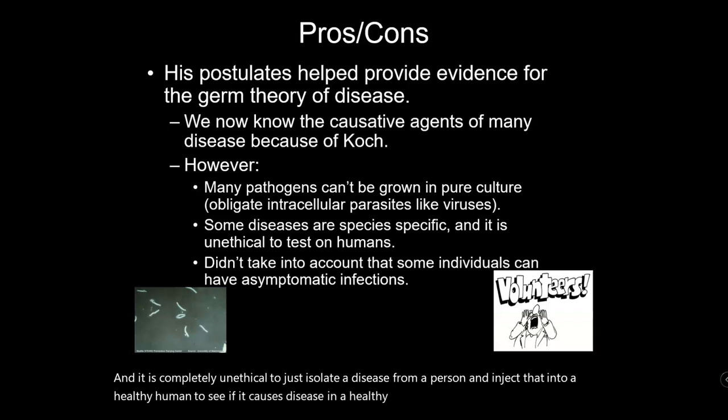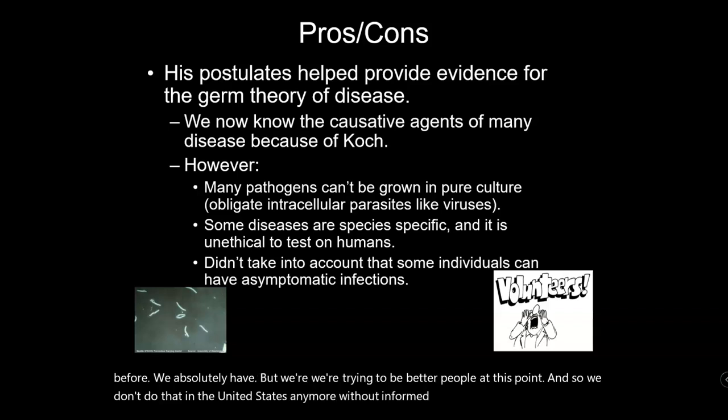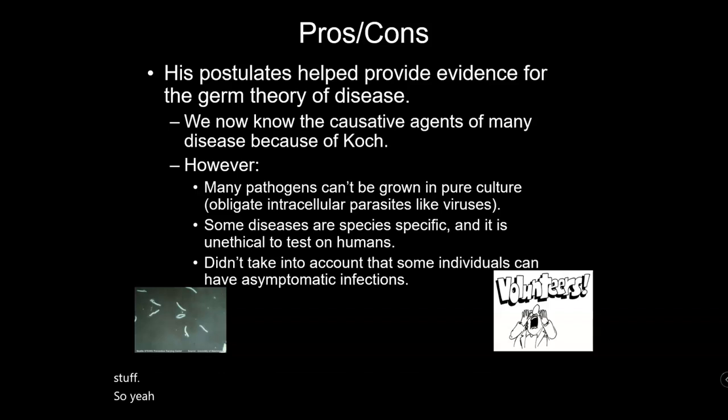Not to say we haven't done that before, we absolutely have, but we're trying to be better people at this point, and so we don't do that in the United States anymore without informed consent and a whole bunch of stuff. So yeah, Koch's postulates are really hard to do in human cases in a lot of cases.